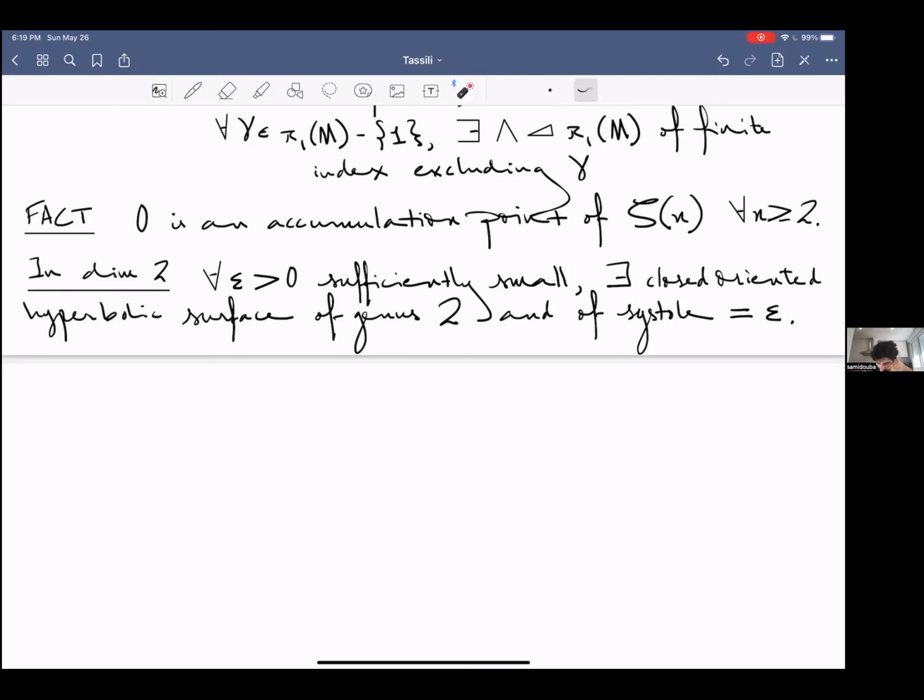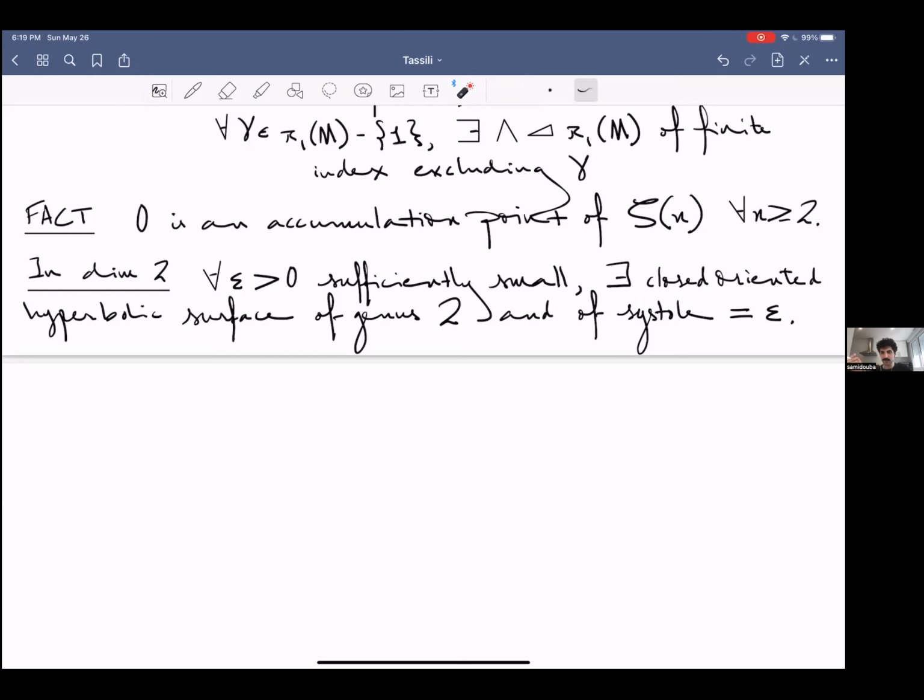And notice that I said epsilon sufficiently small because if a surface has large systole, this automatically gives you a bound on the volume. This is a straightforward exercise. And in dimension two, the volume is essentially the topology.